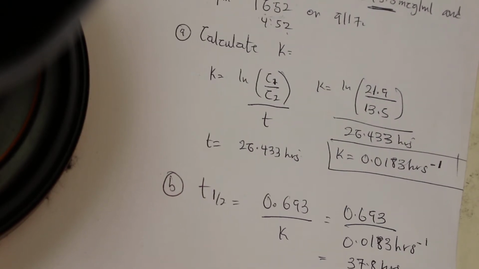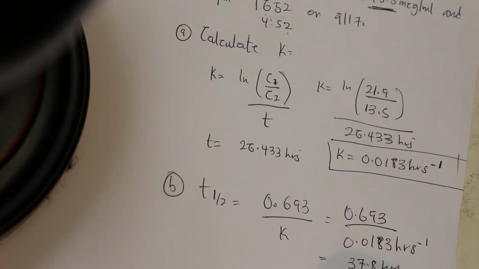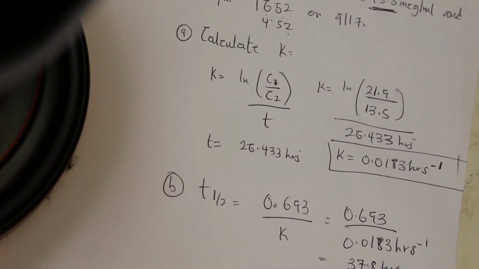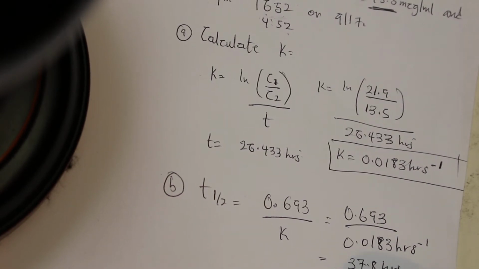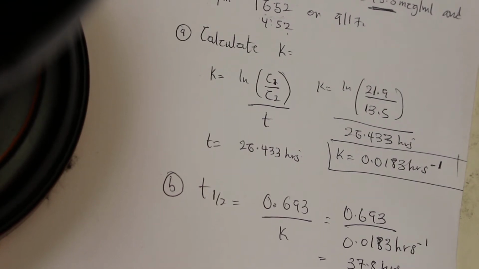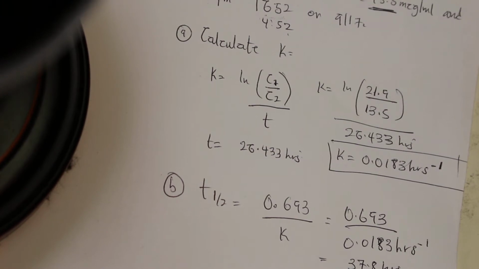Actually, it's better for me to draw a graph. C0 is going to be about right here, and I'm going to represent C0 as C1. We're essentially trying to find this concentration when a dose of 1 gram was given.